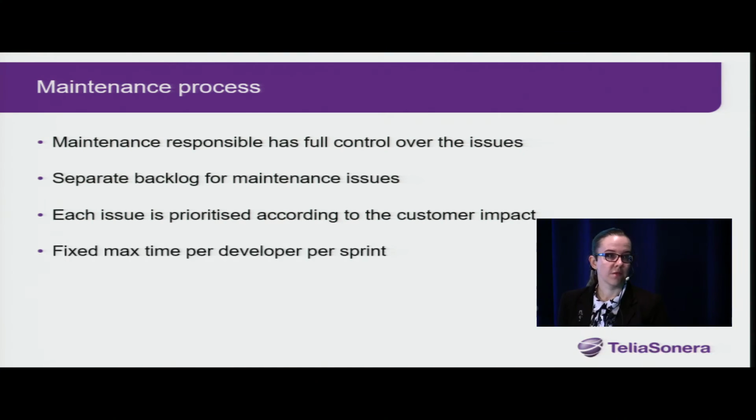At the moment, we have a separate backlog in a sense for maintenance issues. We try to put it all in one backlog, but sometimes maintenance things are minor and they never get into development. So we felt like we are actually compromising the quality for the customer. And right now we agreed on having a separate backlog. And in that backlog, each issue is prioritized according to the customer impact.